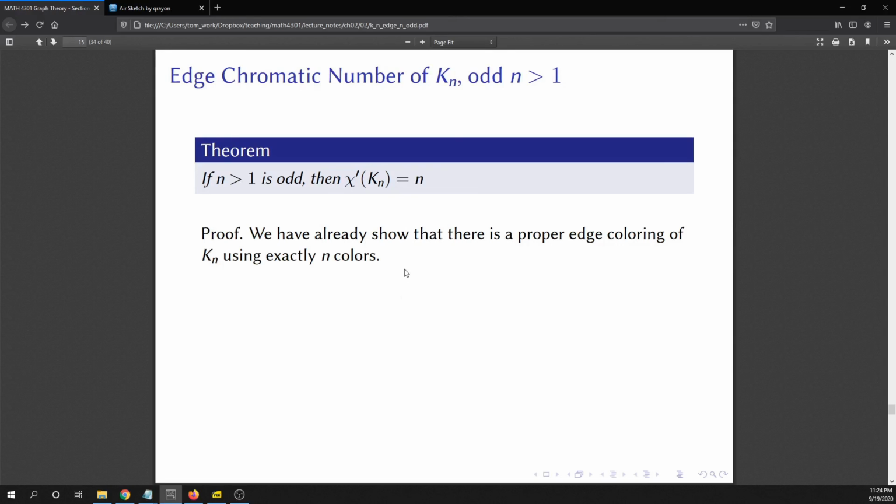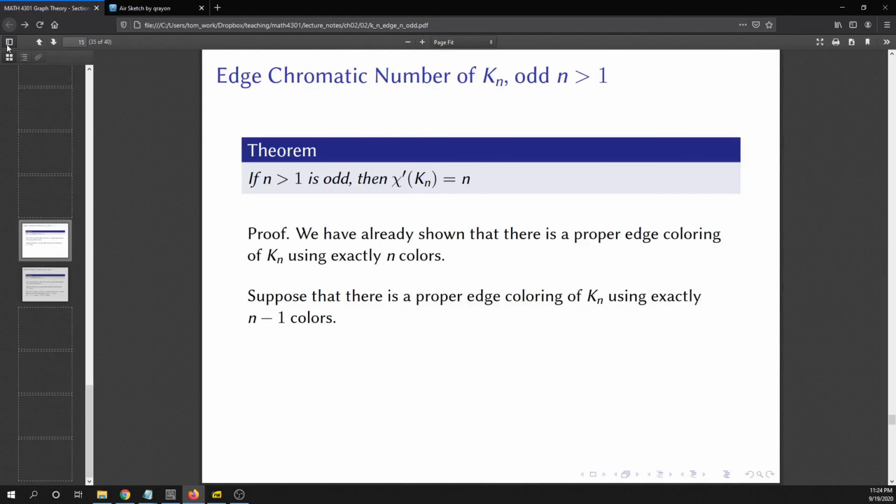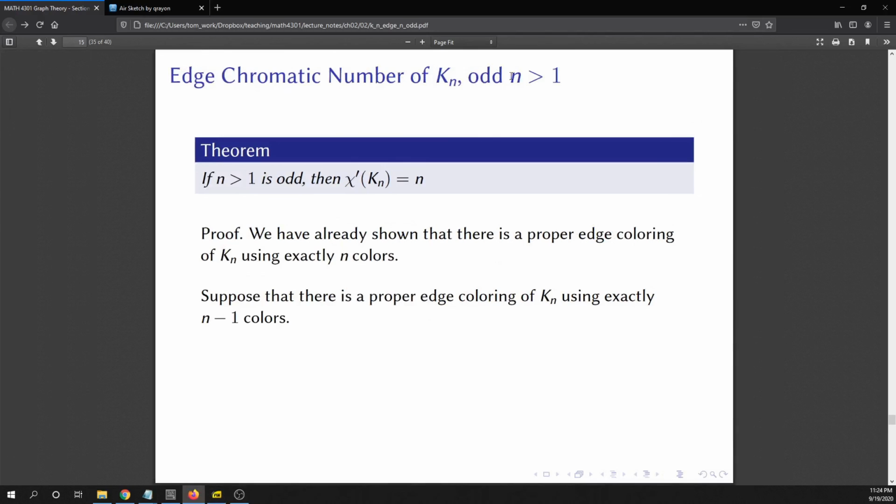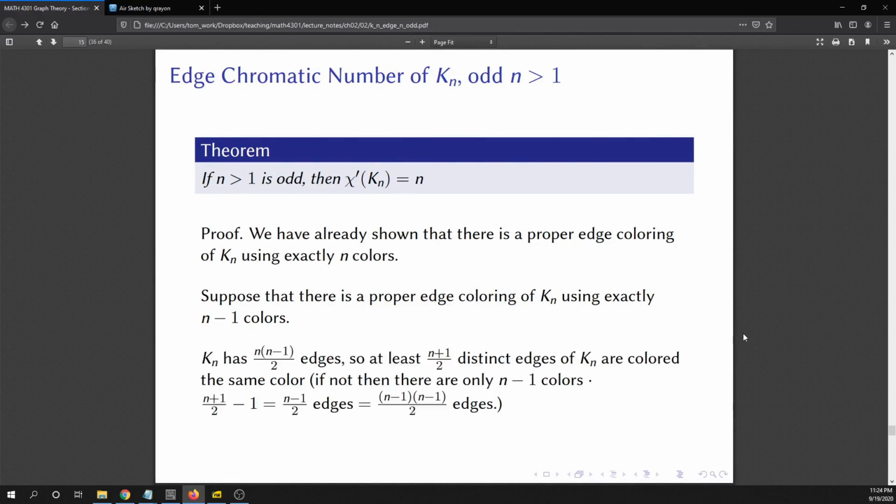And so now all we need to do is show that there is no proper edge coloring of K sub n using exactly n minus 1 colors. So let's suppose that there is.